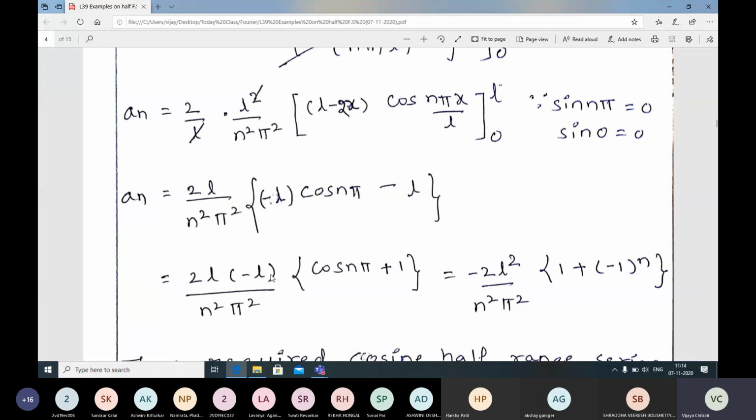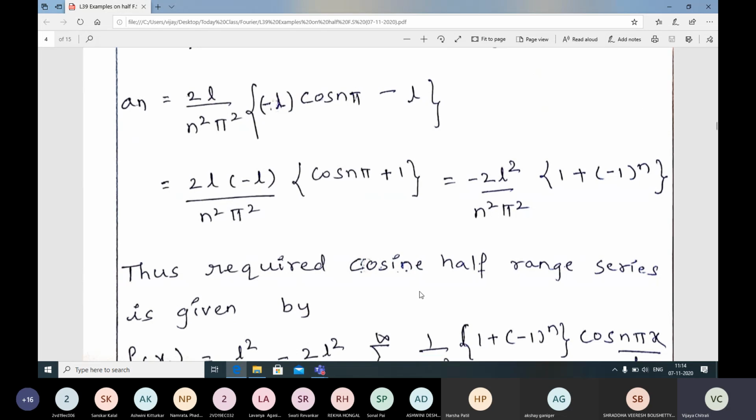And here 2L into minus L is minus 2L square, and the denominator is the same, n square pi square. So we get minus 2L square divided by n square pi square, 1 plus minus 1 raised to n.